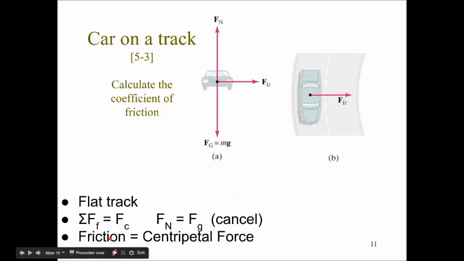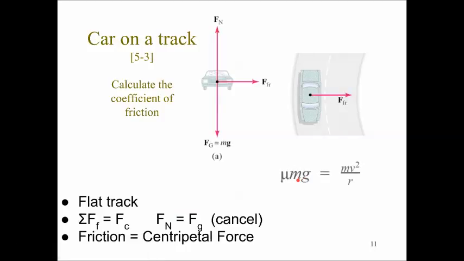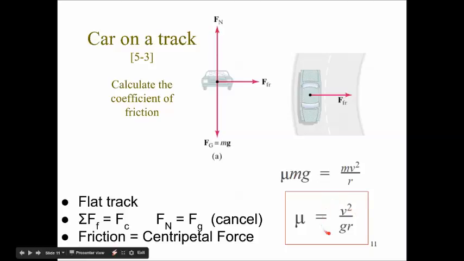Okay, so the formula for friction is, of course, mu mg, because it's not on an incline, and the centripetal force is mv squared over r. And notice there's an m on both sides, so I like to cancel out the m's, bring the g over as the denominator, and so this does not depend upon mass. So we simply take the speed squared, divide it by the product of g and r, and then we get the coefficient of friction. All right, let's try one.